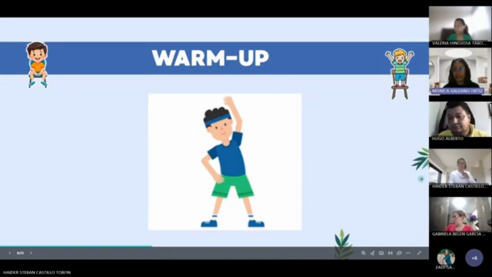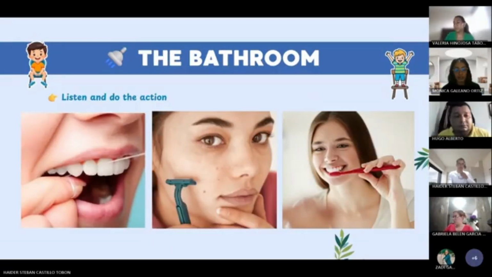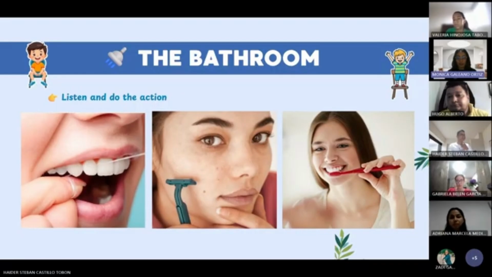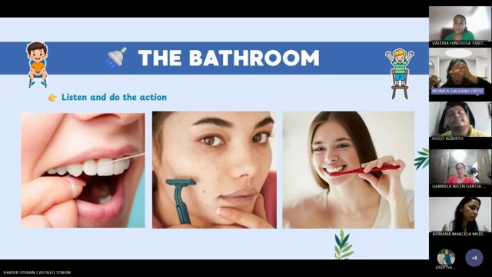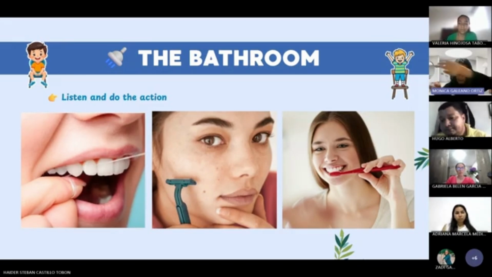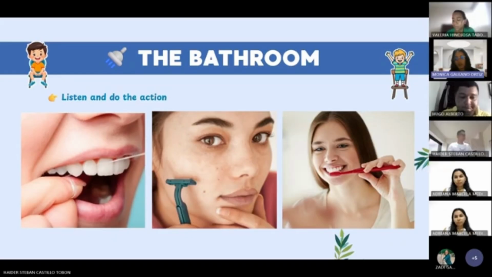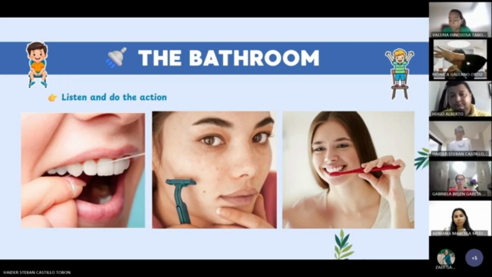Please, next slide. Well, let's start. We are going to the bathroom. If you have floss, in Spanish seda dental, or a razor, in Spanish una cuchilla de afeitar, or a toothbrush, in Spanish cepillo de dientes, you can take them.